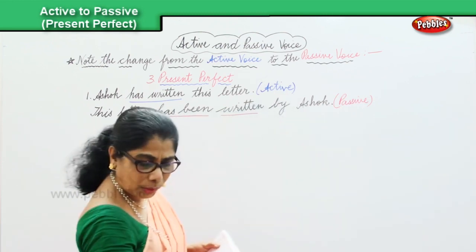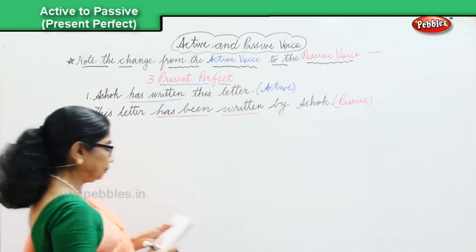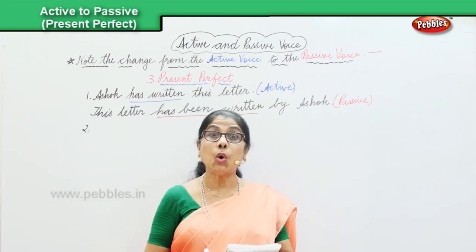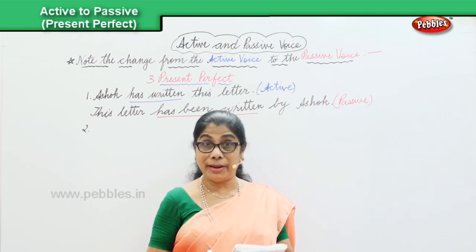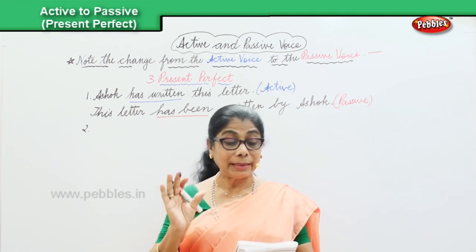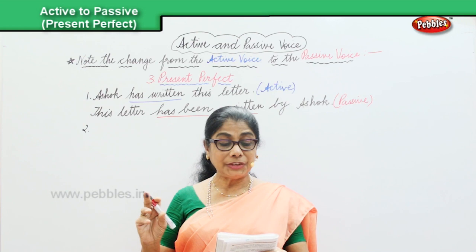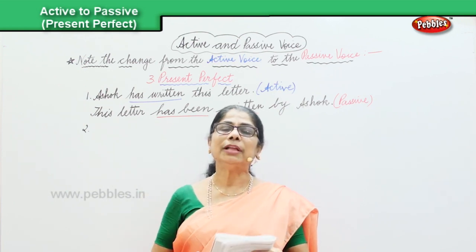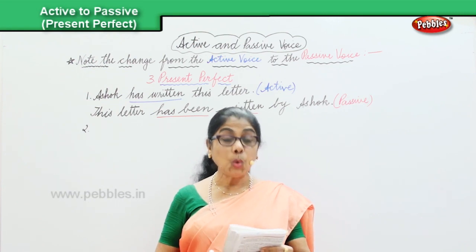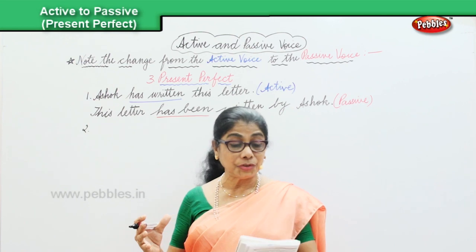Now, let's look at another sentence. In the second, we have, the children have eaten all the cakes. The children have eaten all the cakes. That's in the present perfect active voice. Have eaten. Now, when you change over from the active to the passive, then we say, all the cakes have been eaten by the children.